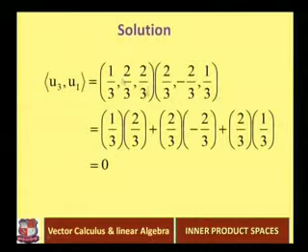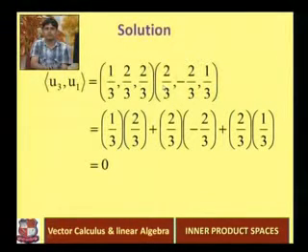Write the elements of u3 dot product with the elements of u1, that is 1/3 into 2/3 plus 2/3 into minus 2/3 plus 2/3 into 1/3, which also gives us 0. So the inner product of u3 and u1 is 0, which means vectors u3 and u1 are also orthogonal to each other.